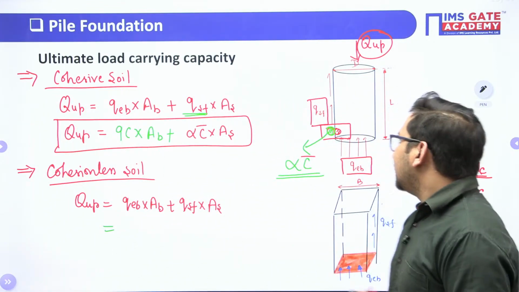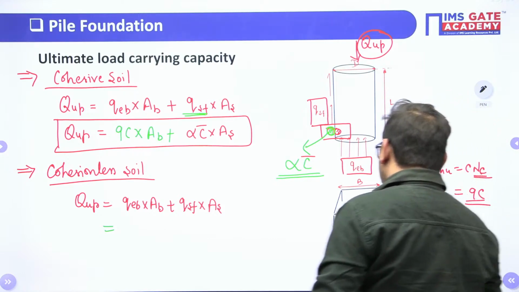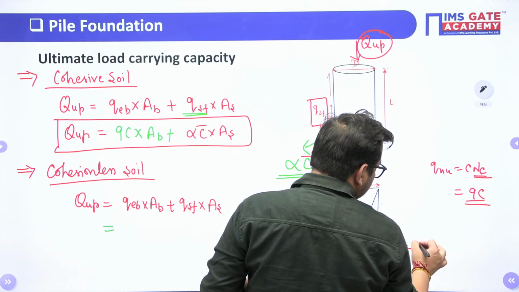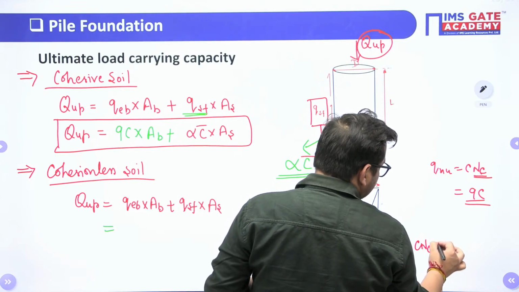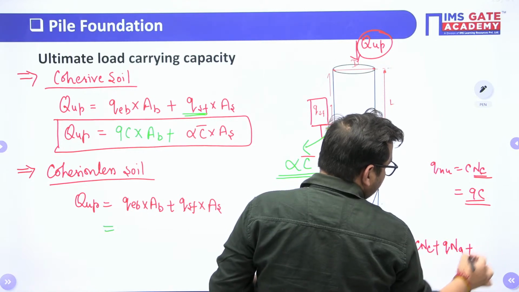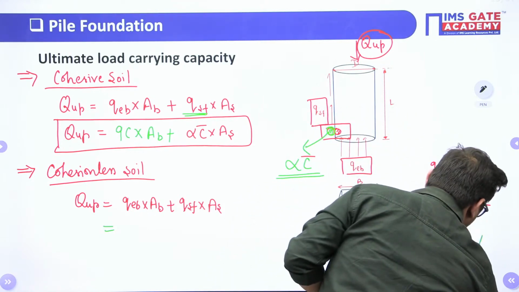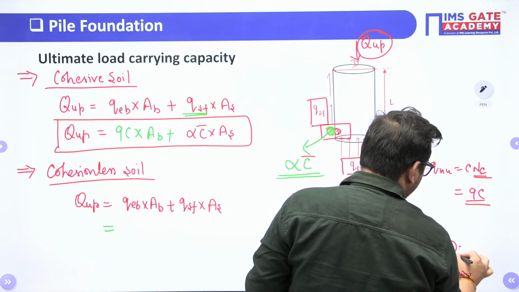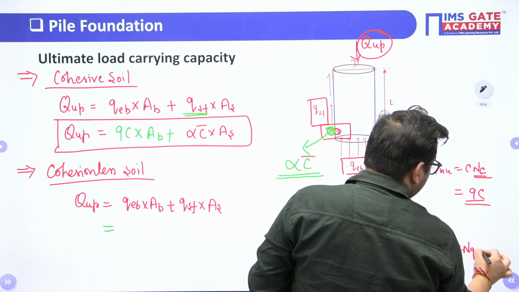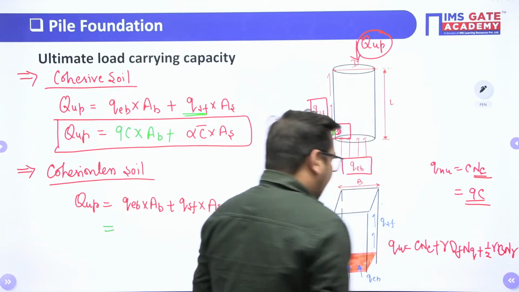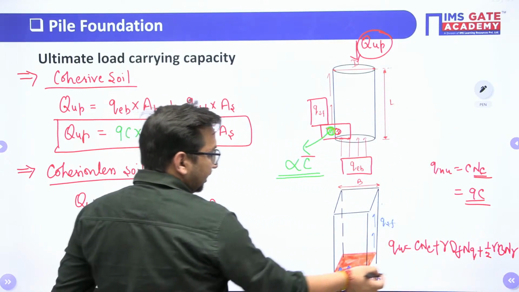We know that according to Meyerhof's theory, the bearing capacity will be given as CNC plus QNQ, or you can write it as gamma DF NQ, plus half gamma B N gamma. As it is the case of cohesionless soil, the first term will be 0, right?